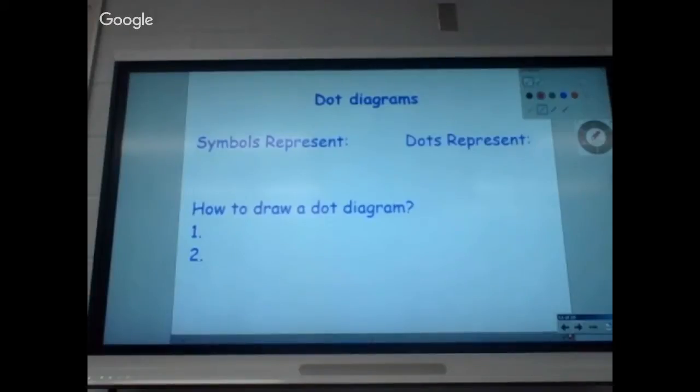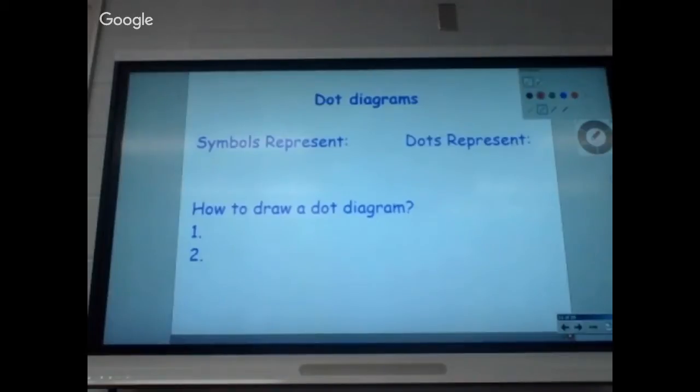Alright, so the last thing we're gonna do today, Caleb, sit down, is dot diagrams. They're the easiest thing we do all year long. You thought what was the easiest? No, these are easier. You already know how to do these. That's why I think they're the easiest.